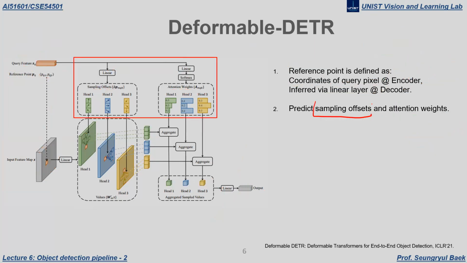And we predict the offsets, sampling offsets, and also the attention weight. Instead of doing the dot product between query and key to find this attention, we directly estimate it from the query itself. And also we find the values, their offsets from the queries again, okay?